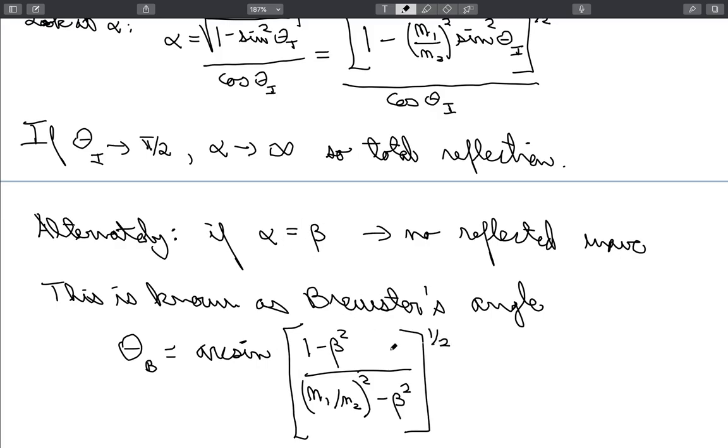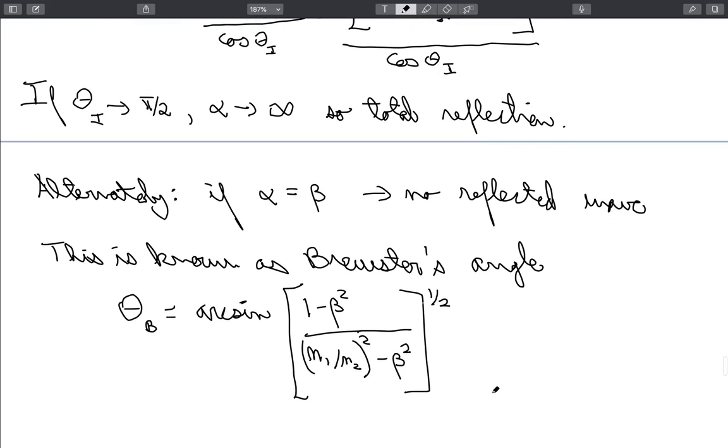Here I'm literally putting alpha equal to beta, using the expression for alpha and just taking the identities that I have. So that's a really cool angle at which there is pure transmission, no reflection whatsoever.